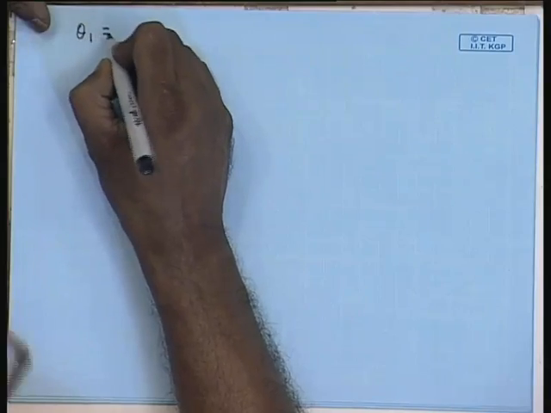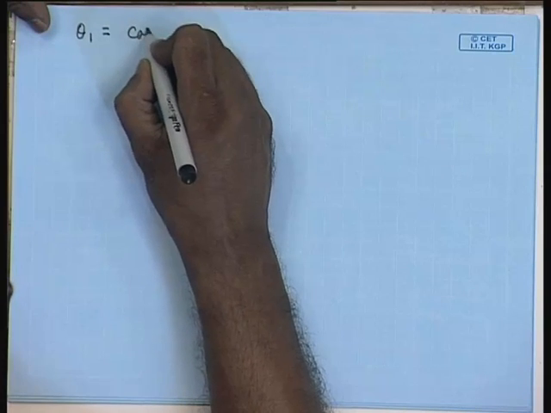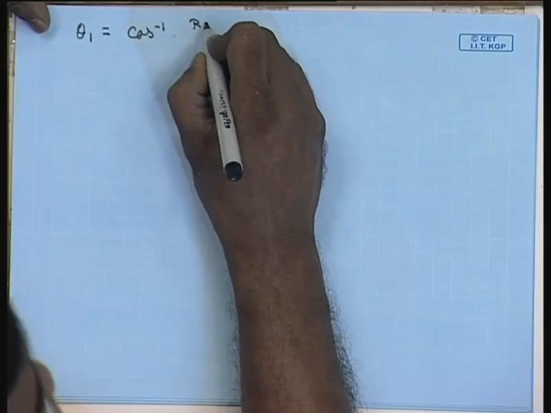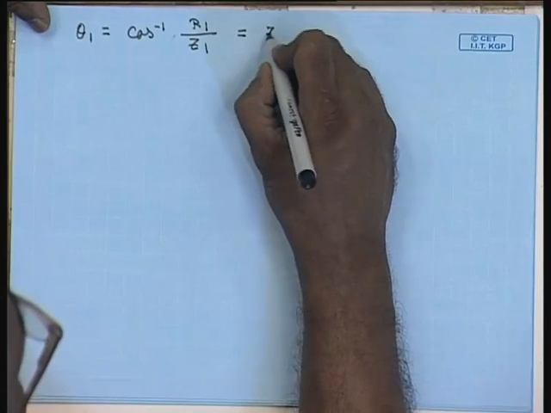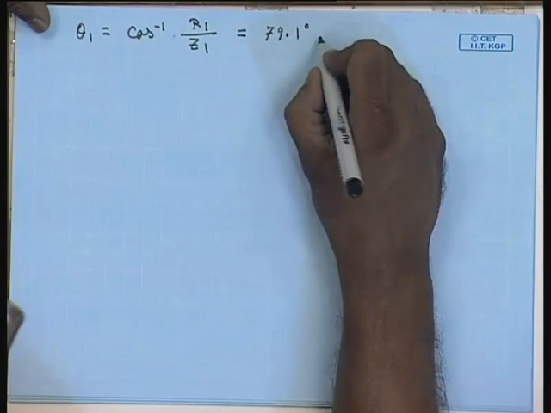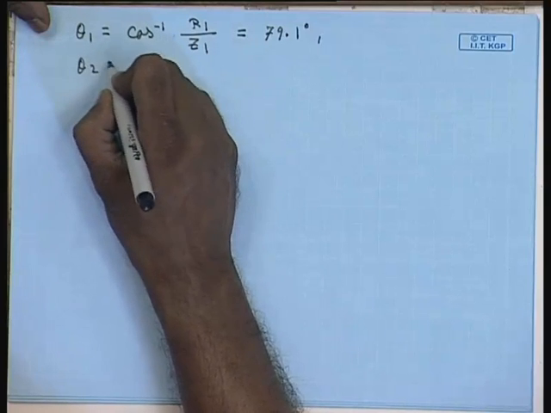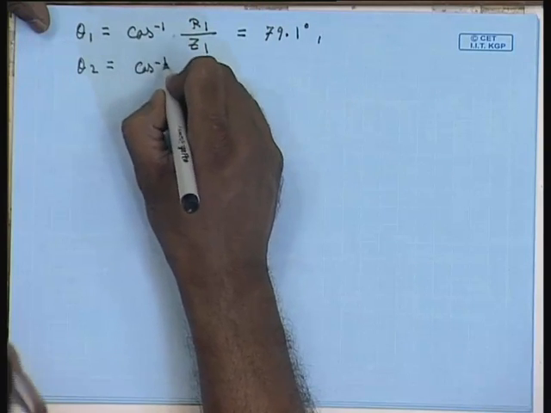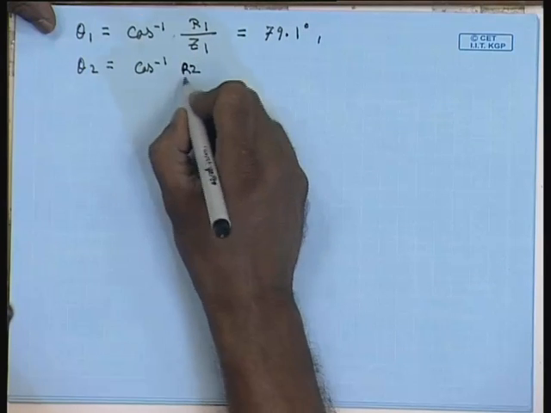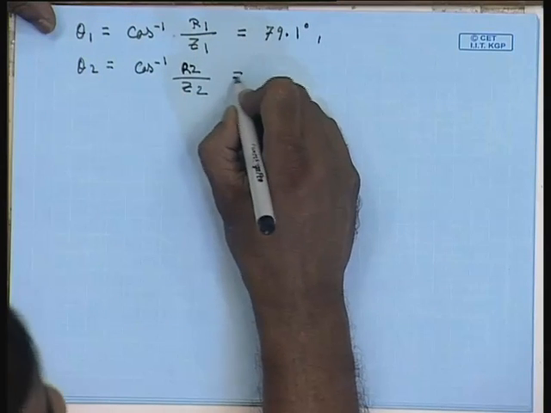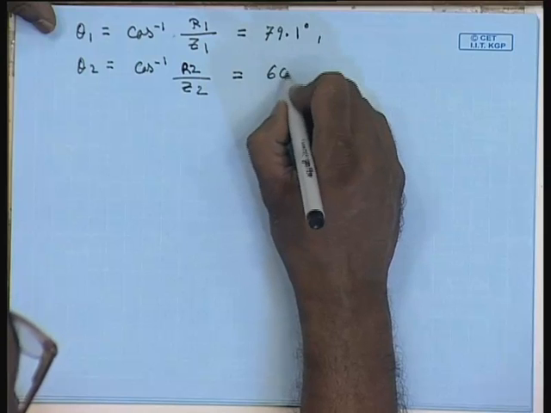Therefore, we can write the angle theta 1 equal to cos inverse R1 by Z1, this comes to 79.1 degree, and theta 2 equal to cos inverse R2 divided by Z2, this comes to 60 degrees.